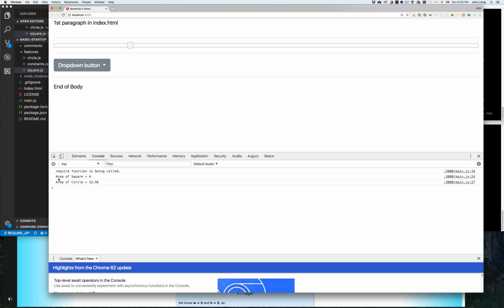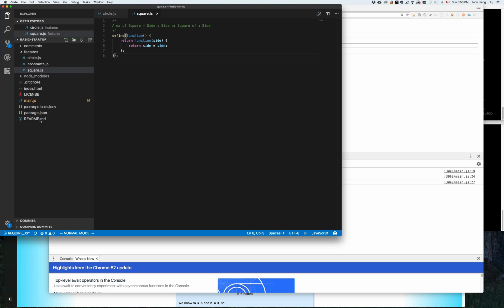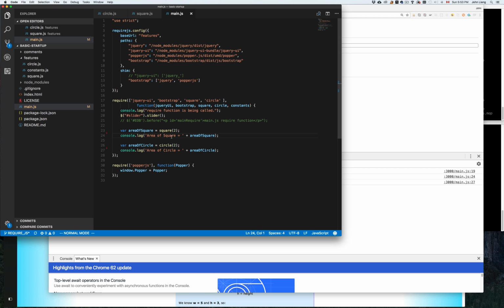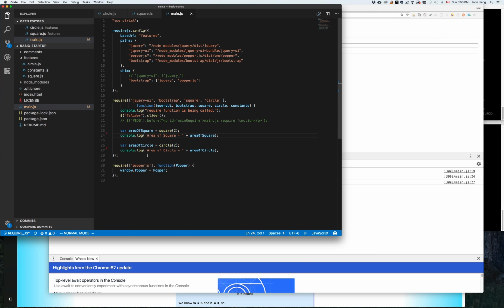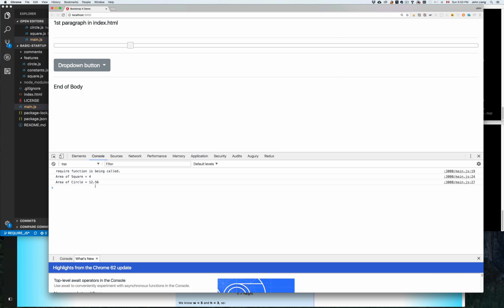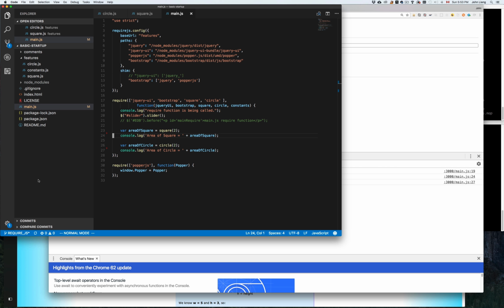We have the area of square equal to 4 and area of circle equal to 12.56. Let's take a look at the main.js. In the main.js, we have square of 2 is 4, and the area of a circle with a radius of 2 is equal to 12.56.